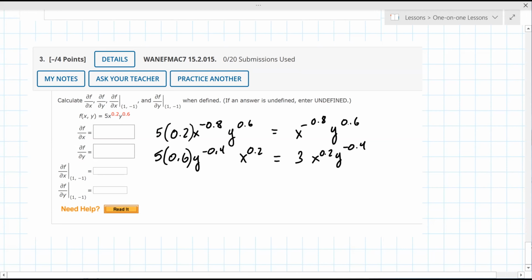I mean, you could throw this in your calculator and get the numbers out, too. You're allowed to use one here. So it ends up being, let's see, the first one is 1, and the second one is 3 when you throw those in.